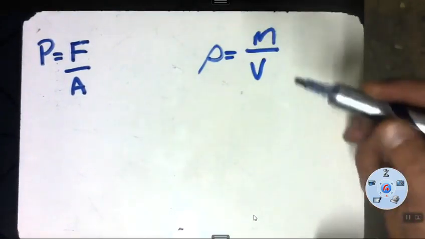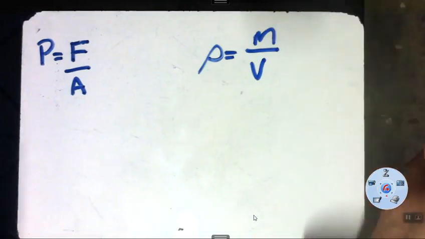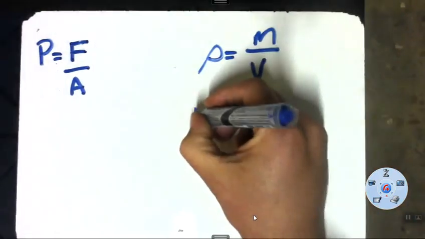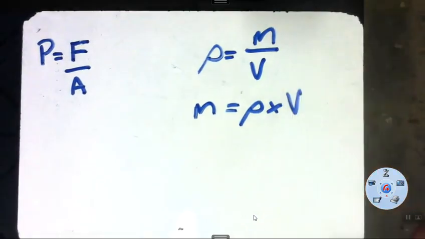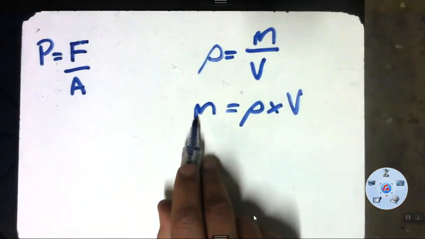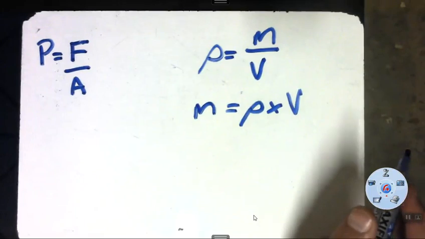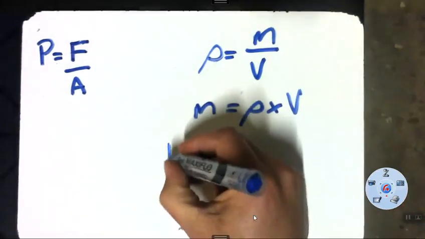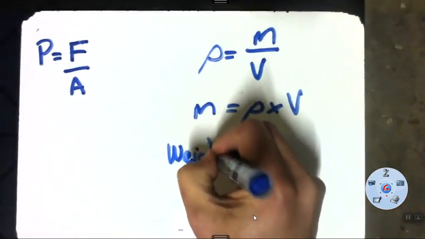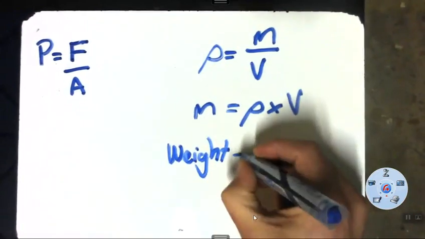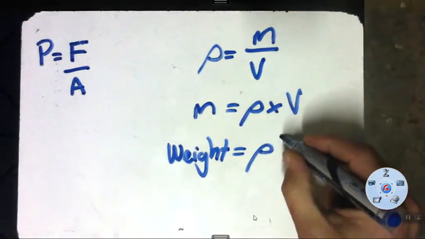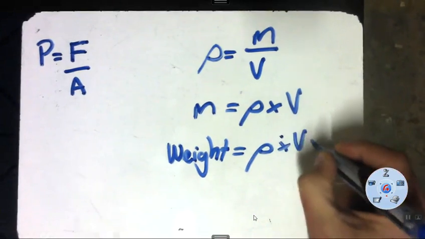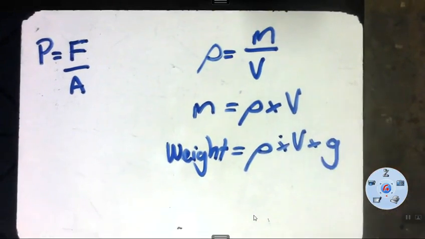Now the mass can be called the weight. So if we say mass is density times the volume, how do we turn mass into weight? We times by gravity. So the weight then, if I times gravity on both sides, I get density times the volume times gravity.